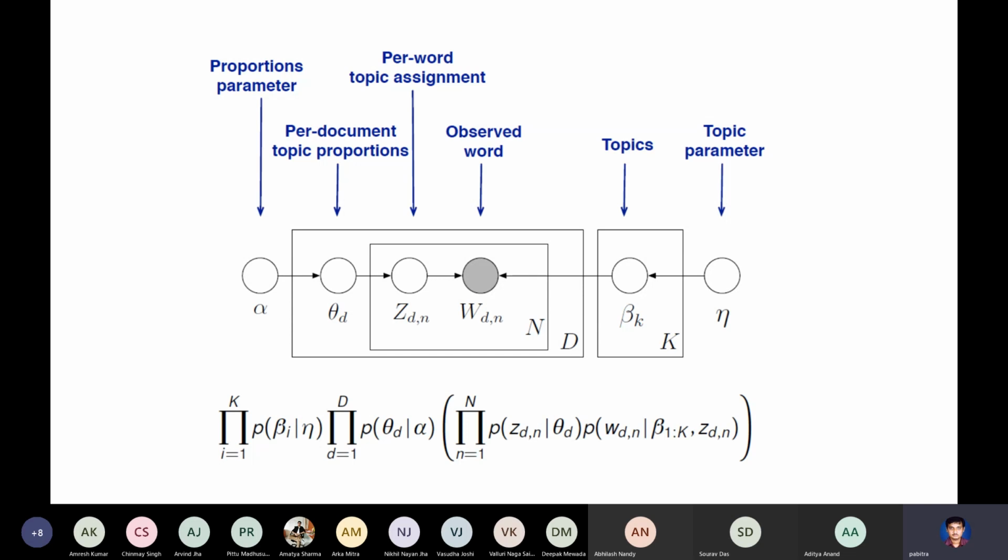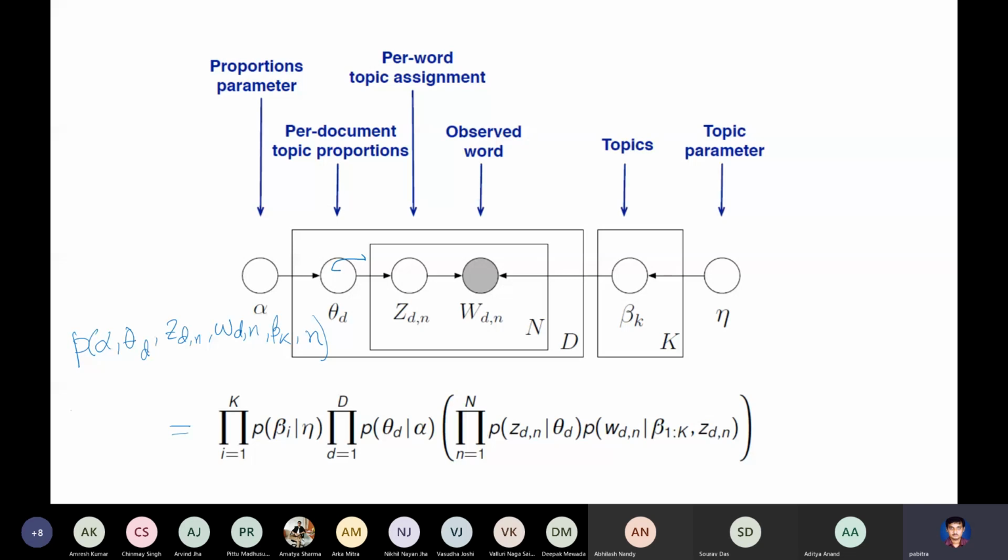Okay, so now since this is basically a graphical model, I can write down the factorization. I can write down the factorization for P of alpha, theta d, z dn, w dn, beta k, eta. This entire joint distribution I can factorize this way.